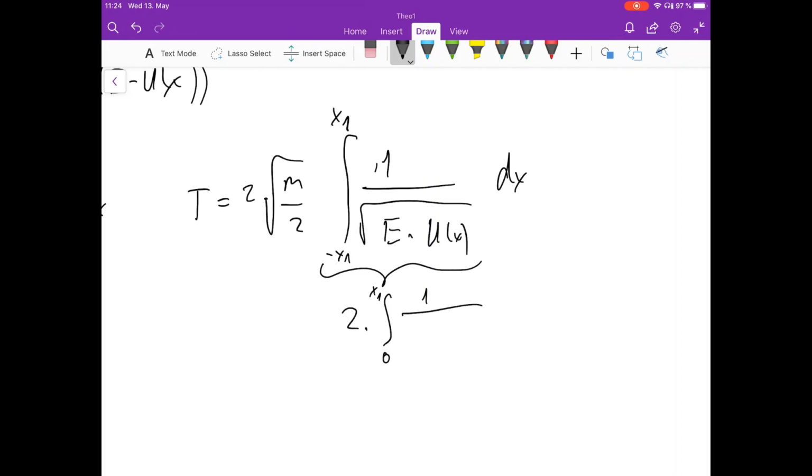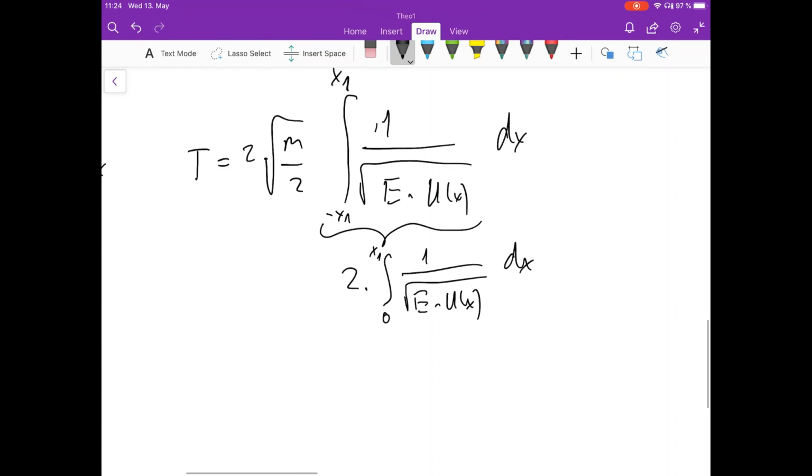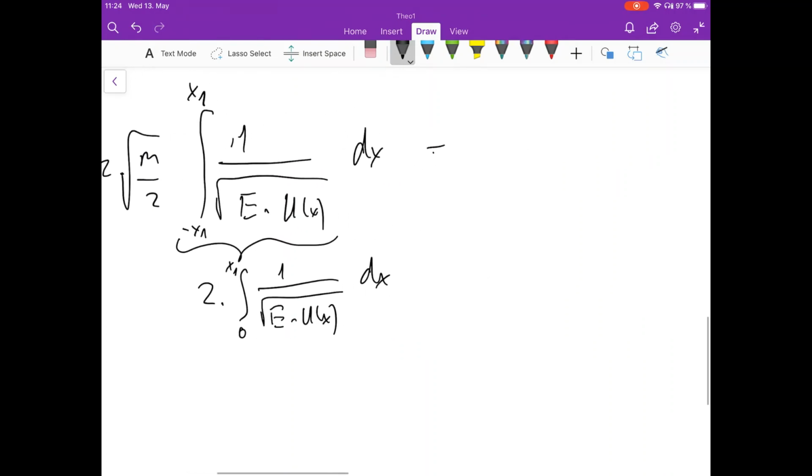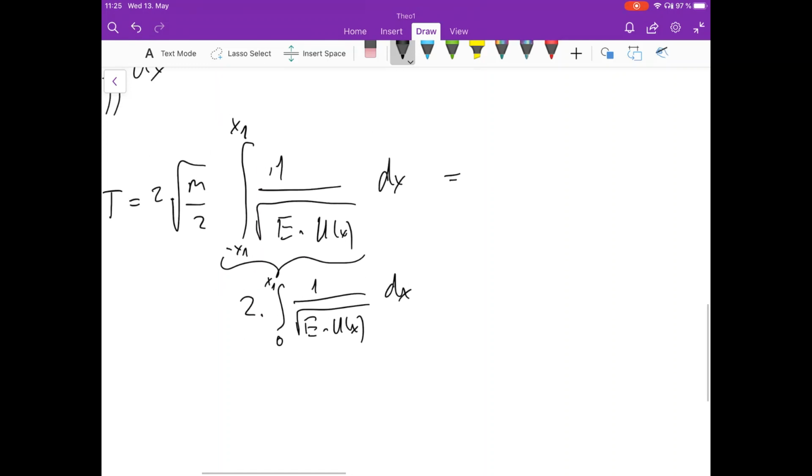We can write it down as 2 times the integral from 0 to x1 of 1 divided by the square root of e minus u of x dx. So, good. So we are only dealing with positive x variables now. So let me write down t again in this shape.